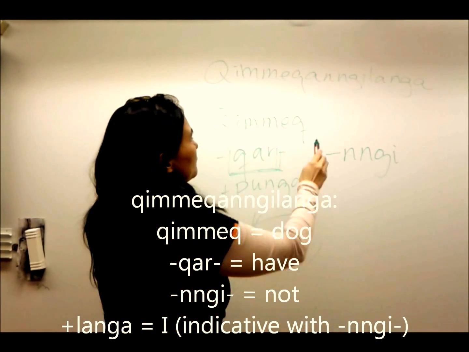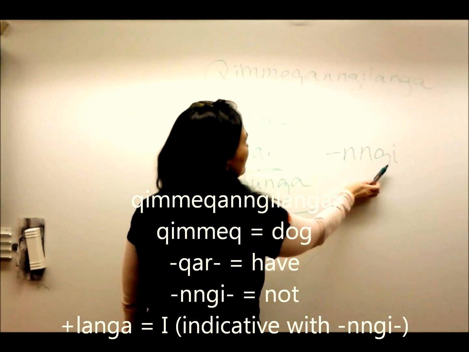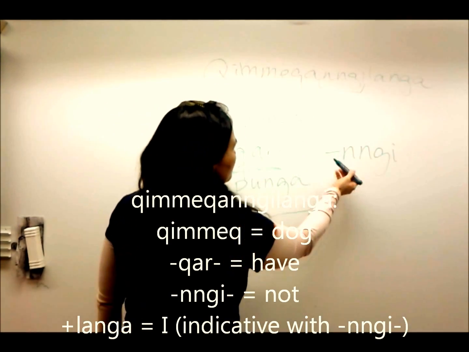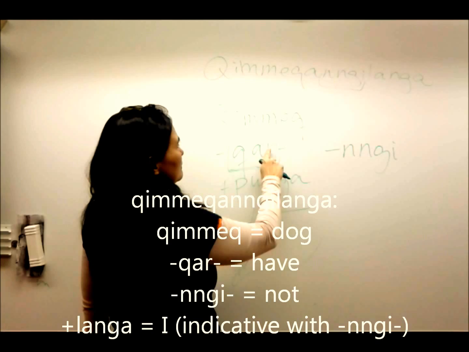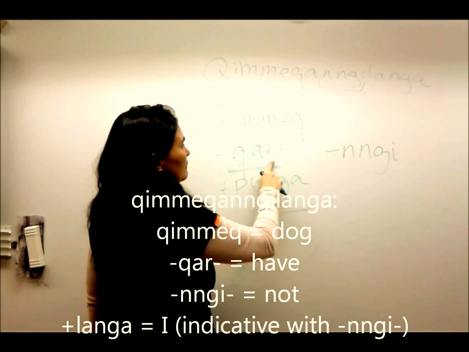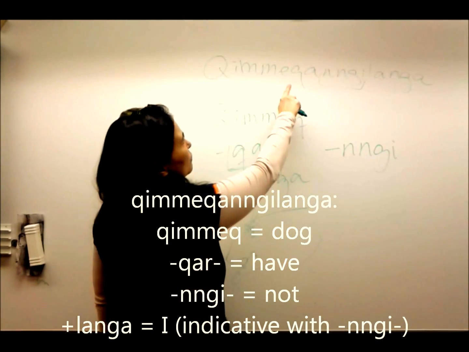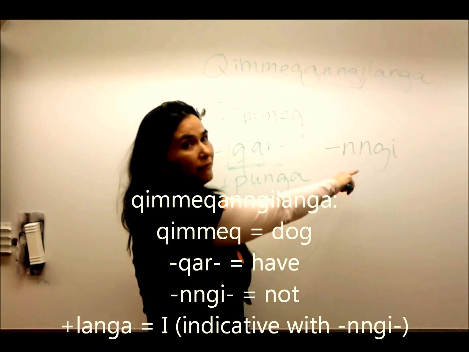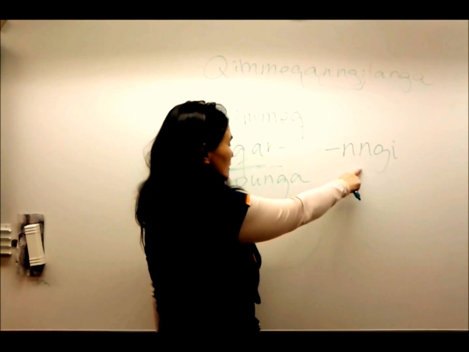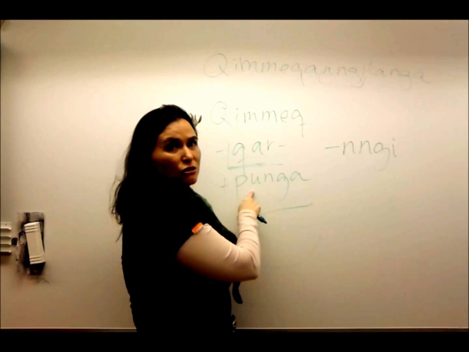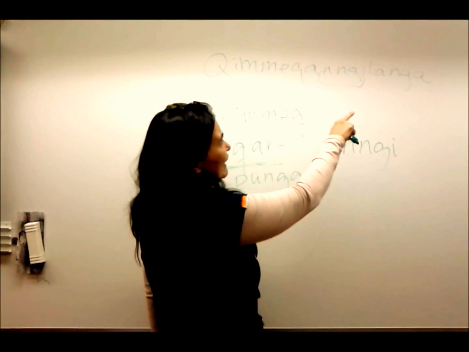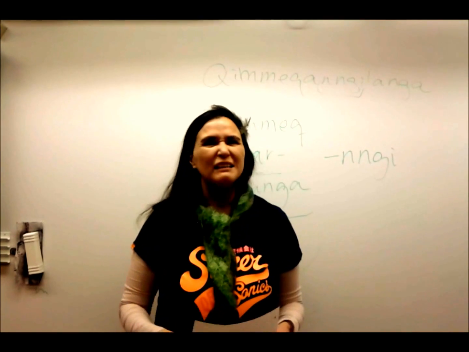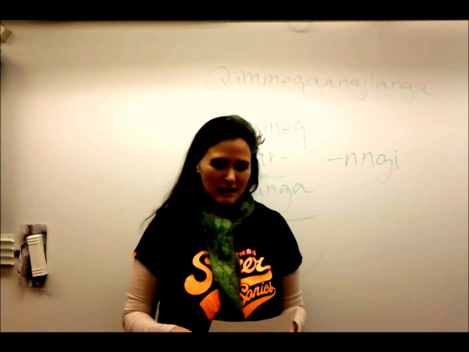So the -nngit is inserted here, and as you see, it has eaten the R here. And when we have denial as not, the ending will change too. So you see, it's quite different from English.